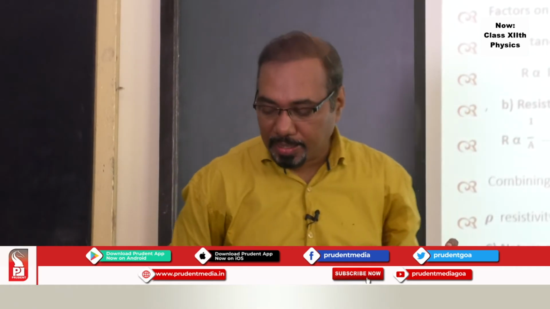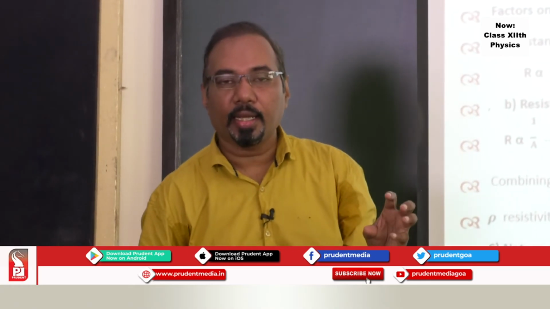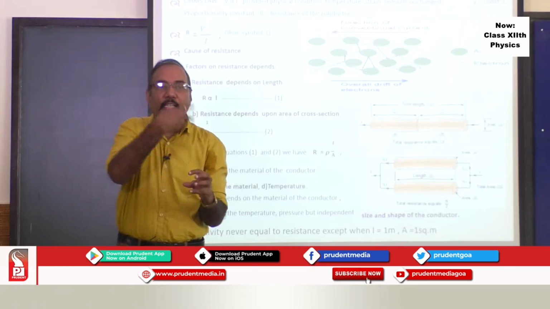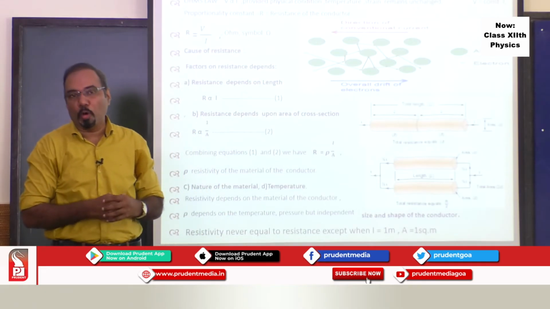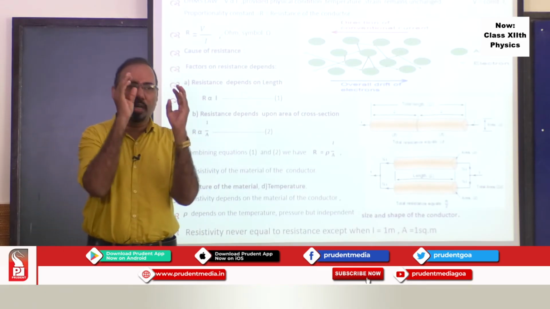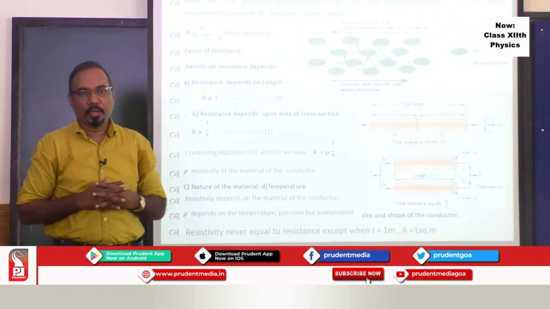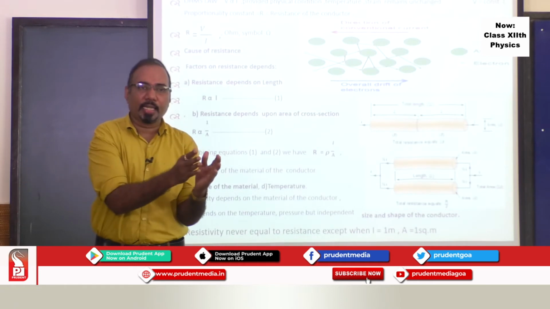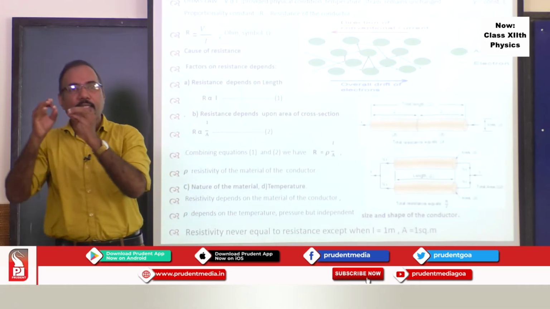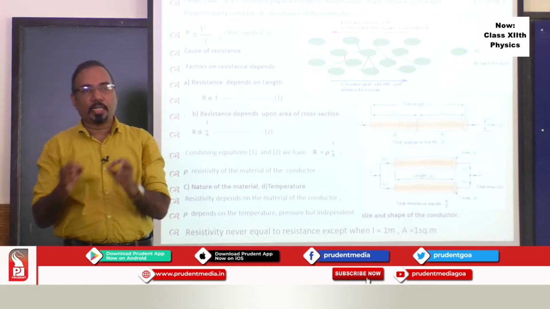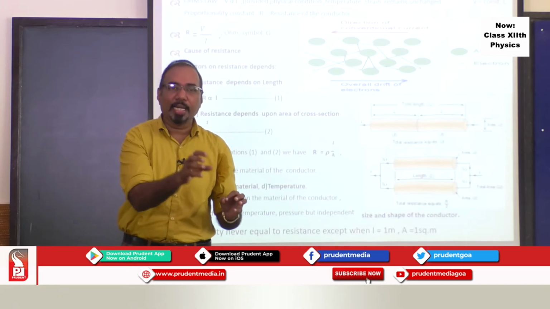Resistivity and resistance are two different things. Resistivity is a measure of the ability of a conductor to oppose current. It only depends on the characteristics of a conductor and the temperature surrounding the conductor. Please understand this difference. Resistance can depend on length, area of cross-section, temperature, nature. But resistivity depends on the material and the temperature.